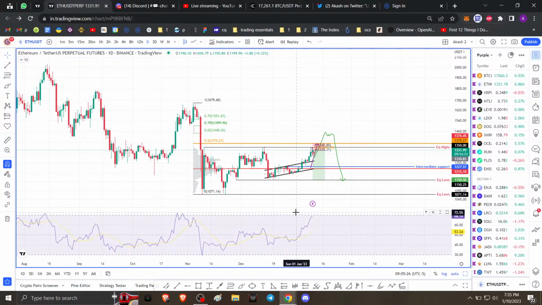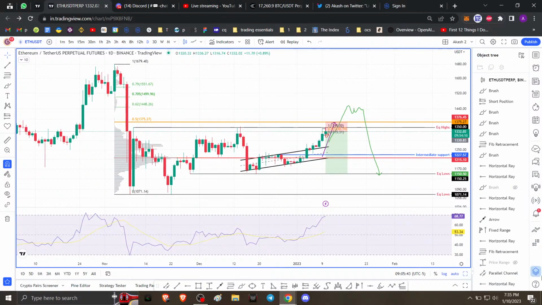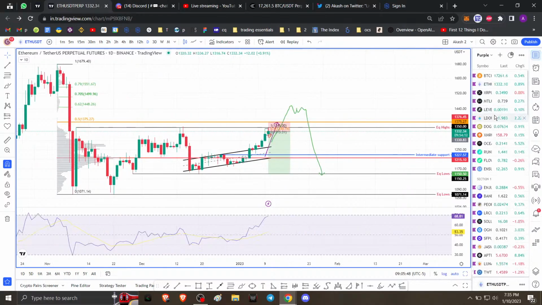Nothing really interesting. I wouldn't be surprised if we sweep 1150, then the RSI should technically reset at the midpoint. That's what I'm looking at. Yep, so that's what's happening with Ethereum.